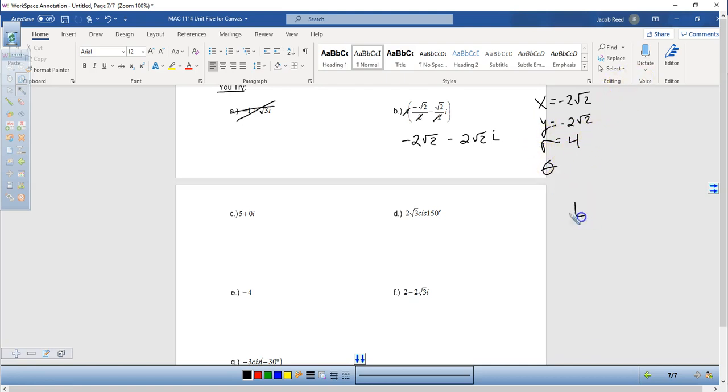So for theta, remember we have tangent of negative 2 root 2 over negative 2 root 2, which is going to give me, really I've got negative 1 over negative 1, which is going to produce the number 1. But since I'm talking about a negative y and a negative x, that's going to give me third quadrant.